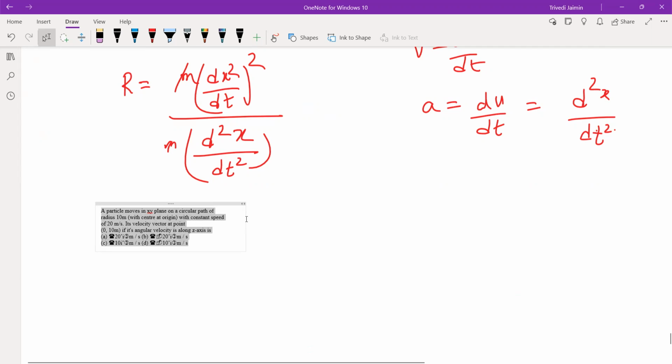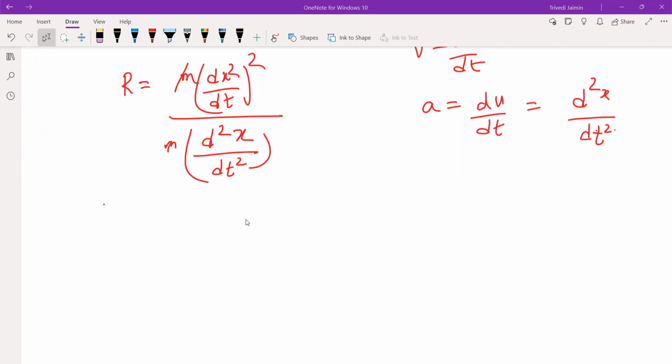I have to take a screenshot only. Instead of typing, I'll just paste. One sec.